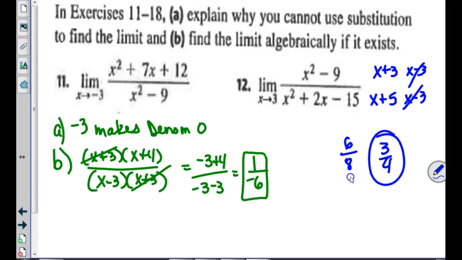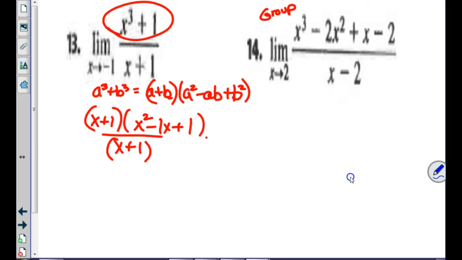Again, you could have done those by graphing. It would be undefined at 3, but you should be getting the same value from the left and the right. Oh, apparently I did this one for us already.